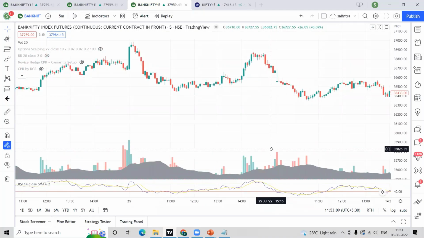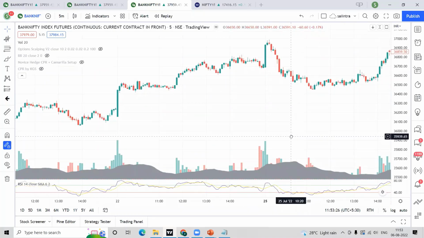As an option seller, we don't need any kind of indicators, because if the market moves or stays in the range, we will end up in profit. But in options buying, our duty is to predict the direction first.